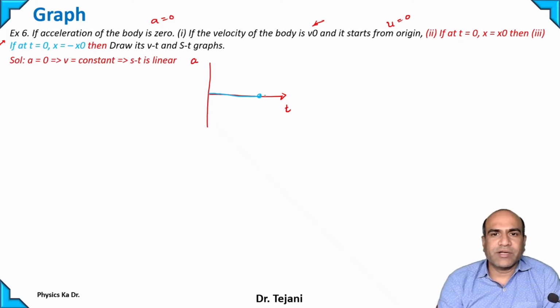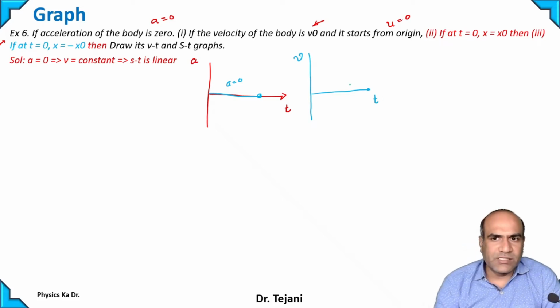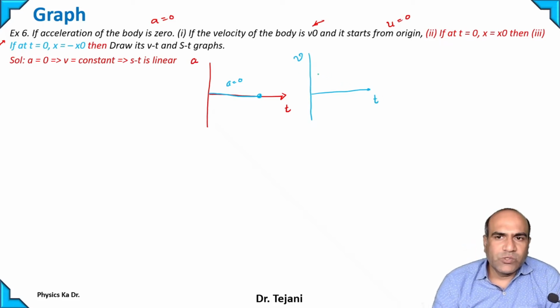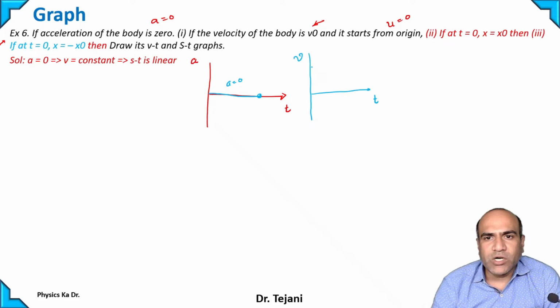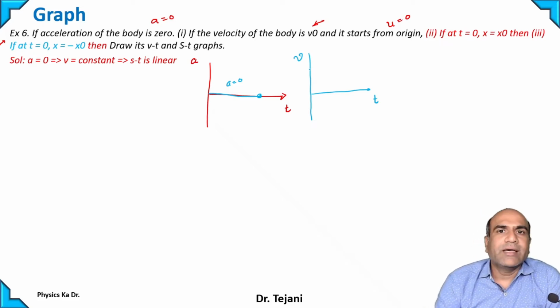If you draw velocity versus time, it should be a constant. There is no increase of velocity, there is no decrease of velocity. If acceleration is 0, the graph should be a straight line.